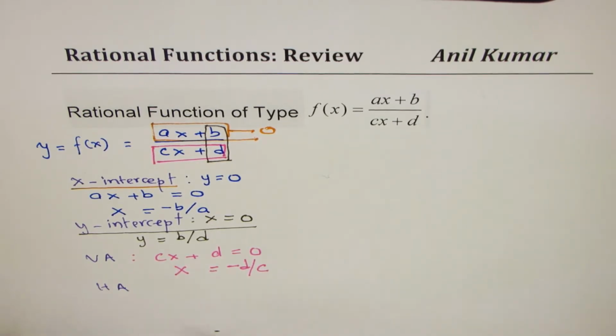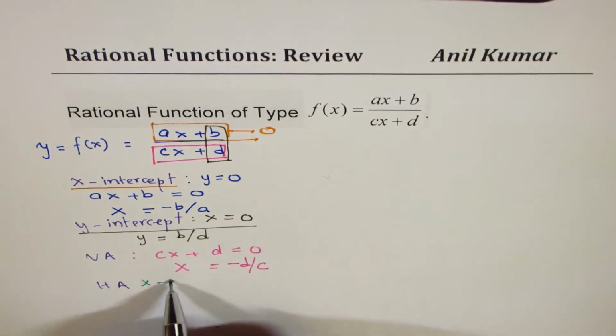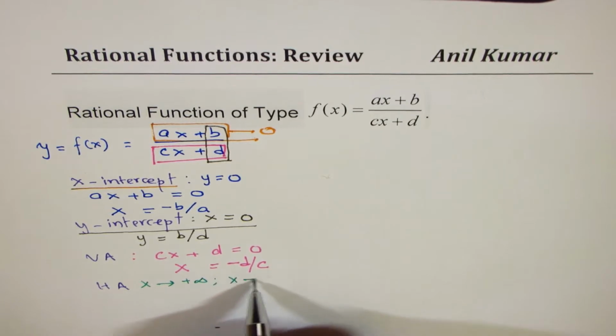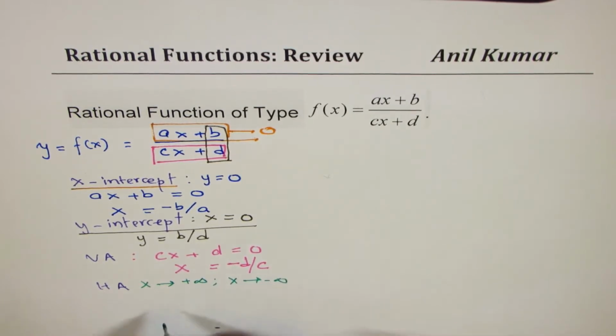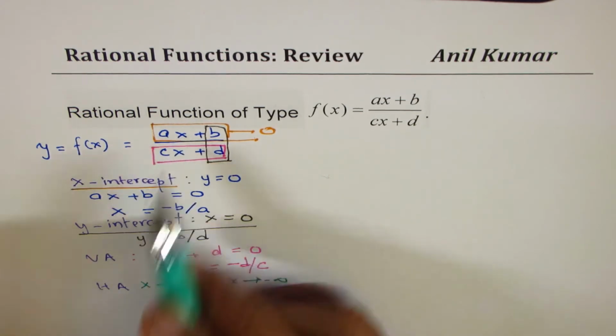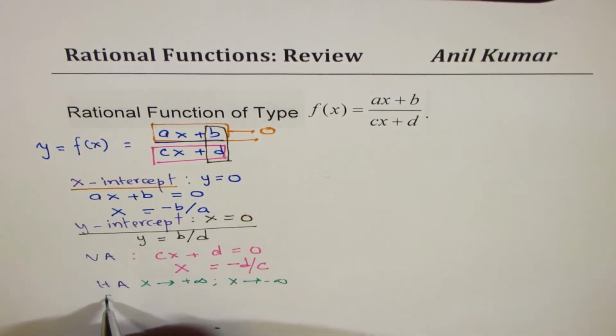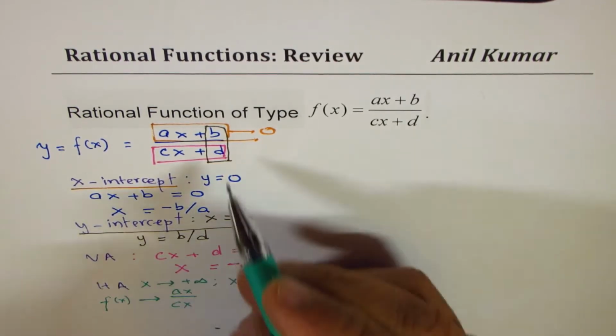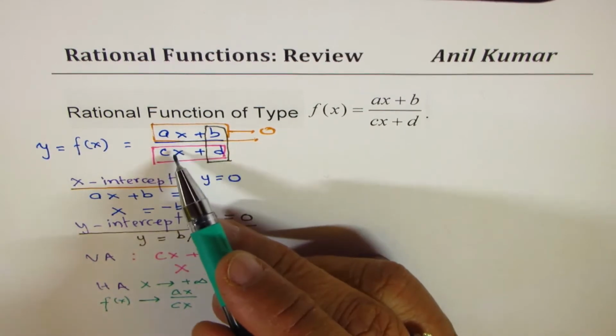And now let's look into horizontal asymptote. Horizontal asymptote is when x approaches a large value. It could be plus infinity or it could be minus infinity, right? In that case, what value will the function approach? Our function f of x will approach ax over cx, since b and d become small and x is large.